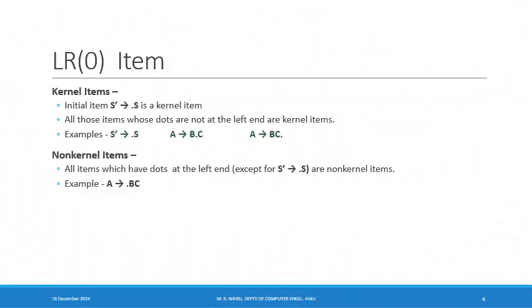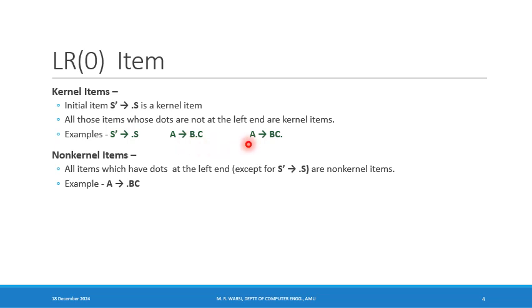LR0 items can be classified into two categories. The first one is the kernel item, and the second one is the non-kernel item. All those LR0 items in which the dot is not at the leftmost position are kernel items. For example, capital A derives B dot C, the dot is not at the leftmost position, so this is a kernel item.